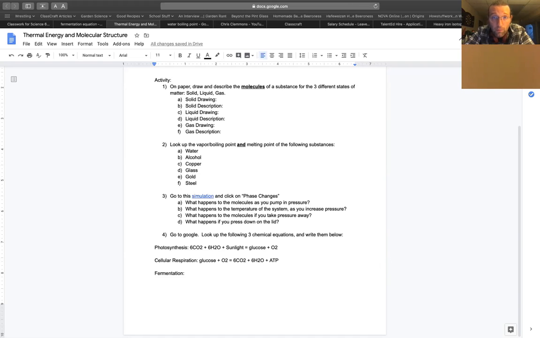And this is important because without this equation, you wouldn't be able to get energy from your food and you wouldn't live. You would die. So cellular respiration is really important for all life that consumes other things, which is most of everything other than plants. So it's a really important equation as well.